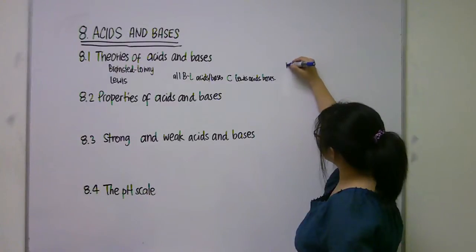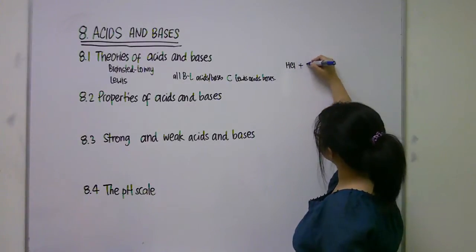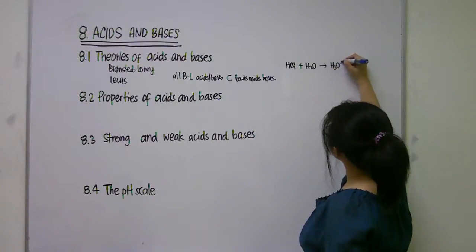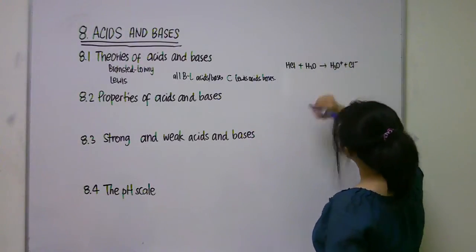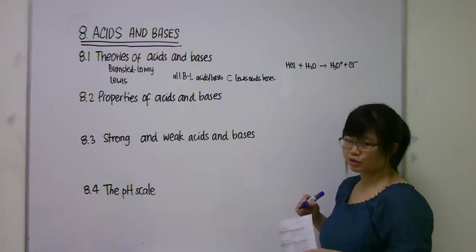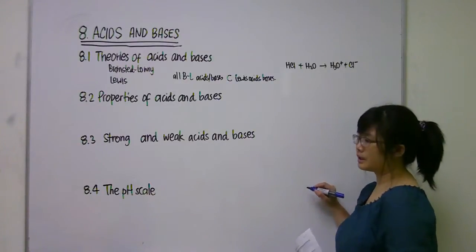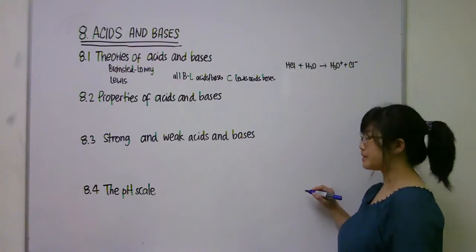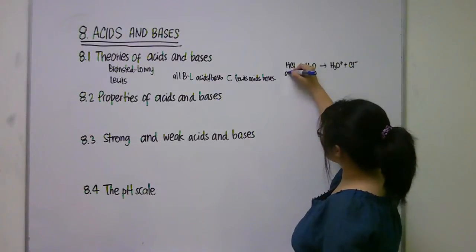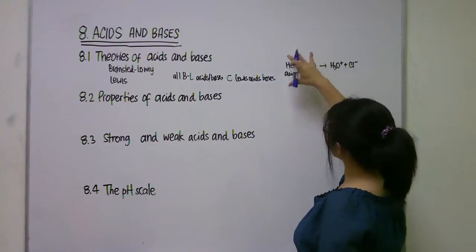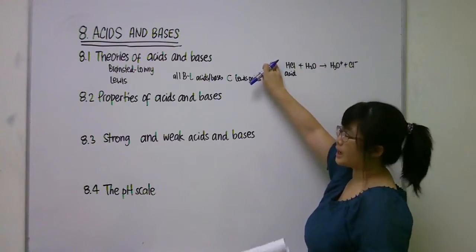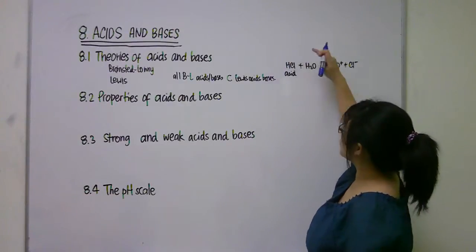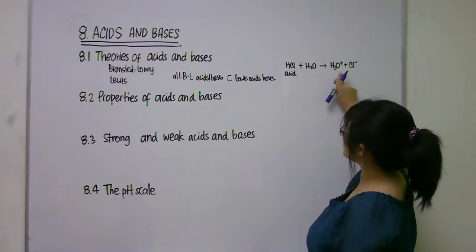For example, you can put HCl plus water, giving you H3O plus and Cl minus. Here you need to introduce your students to the concept of conjugates. Okay, so for example, you know that in this reaction, HCl is acting as an acid because it will donate a proton to H2O, producing this H3O plus.